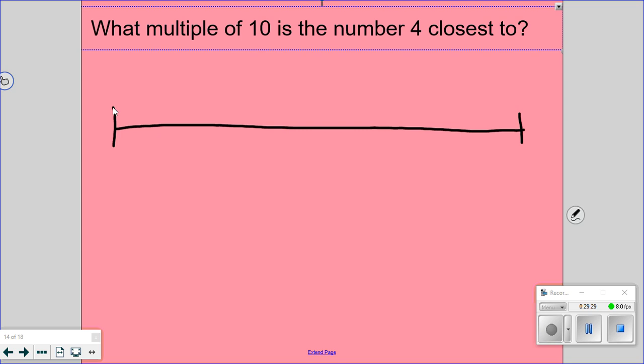What two skip counts of 10 is 4 going to live in between? 0 and 10. Yeah. 4 is going to live in between 0 and 10.